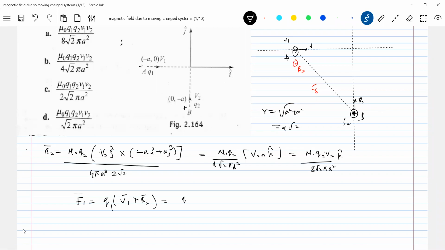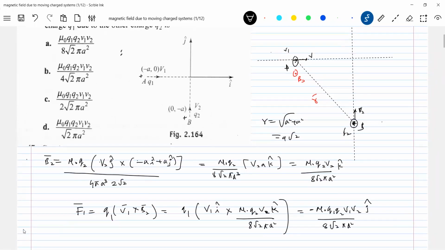So Q1, V1 is V1 i cap cross mu naught Q2 V2 k cap, so mu naught Q1 Q2 V1 V2 by 8 root 2 pi a square. i cross k is minus j.